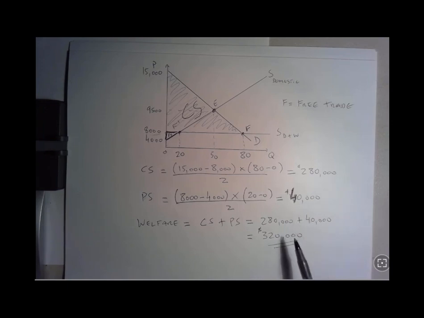And let's assume that they got it. The amount of protectionism in this simulated example is going to be $1,000 per unit imported, a tariff of $1,000. So what's going to happen in that scenario?